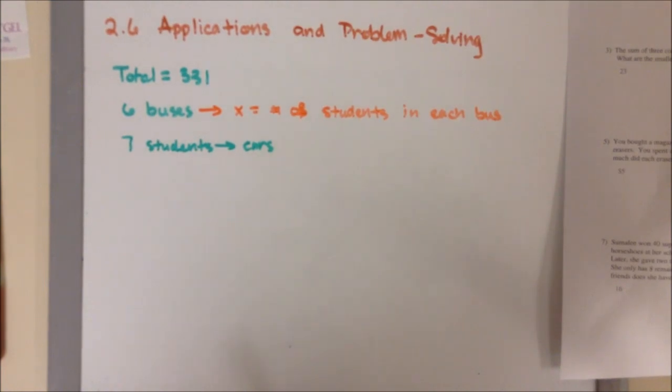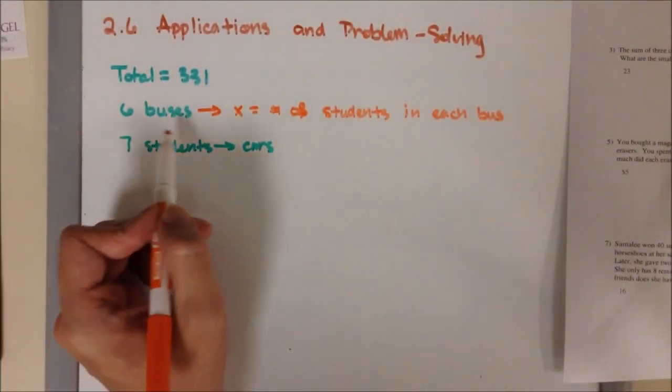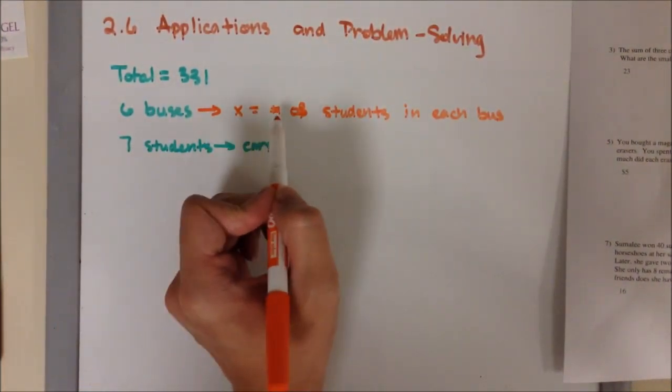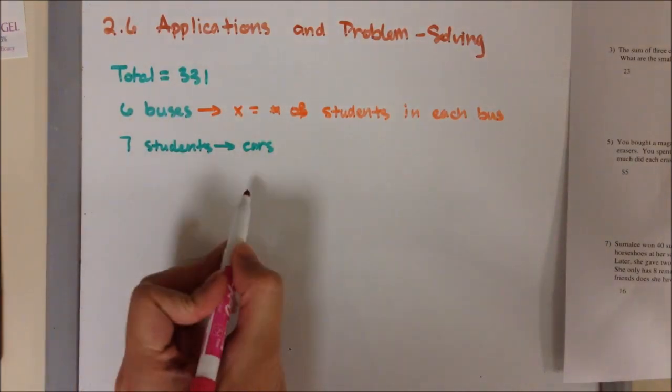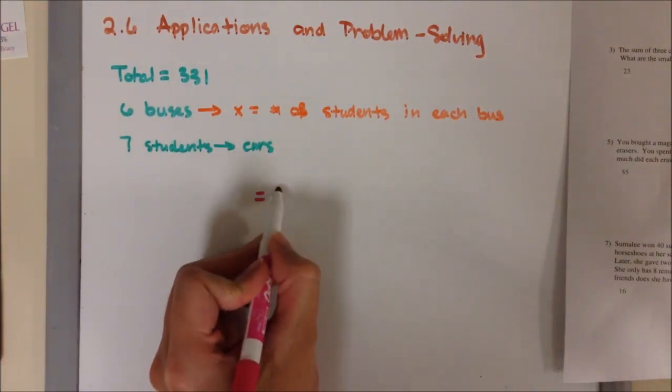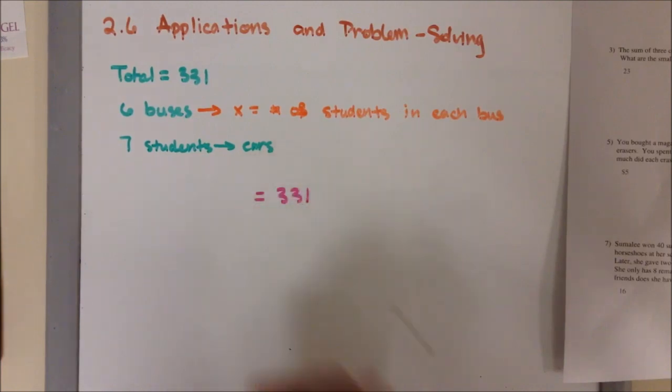Again, 6 buses, tied with X equals number of students in each bus. To set up our equation, we're going to use the information that we have. We know that our total is 331, so I'm going to write equals 331.